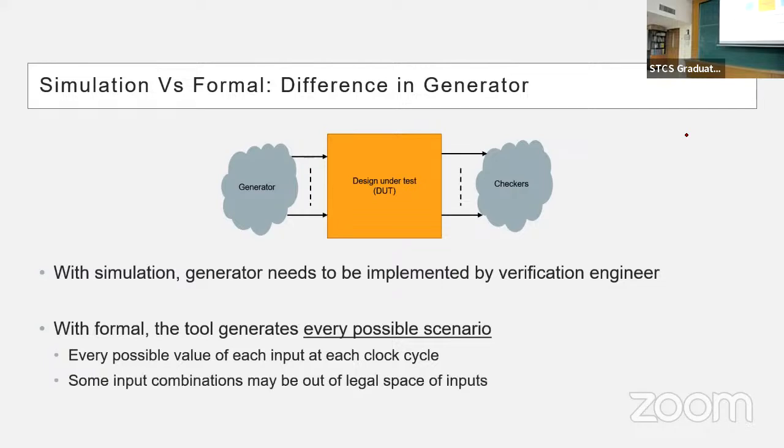Some of the input combinations might be out of the defined legal space, right? For example, let's say we have two inputs, right? There might be some combination where, if one input is 4, then the other one can be 10. It cannot be 4. So we may have to filter those out.